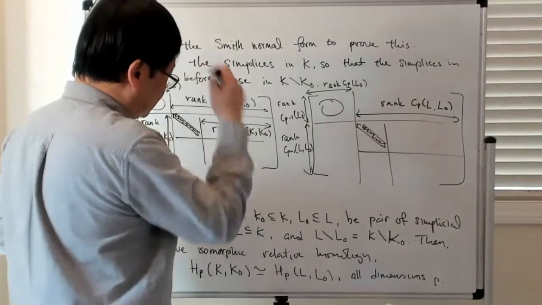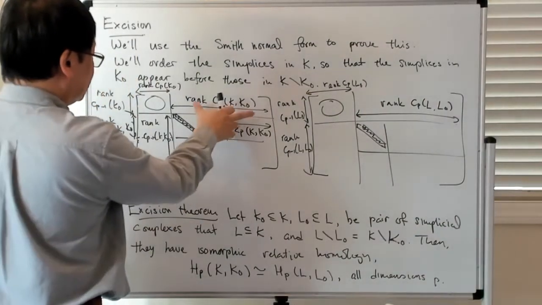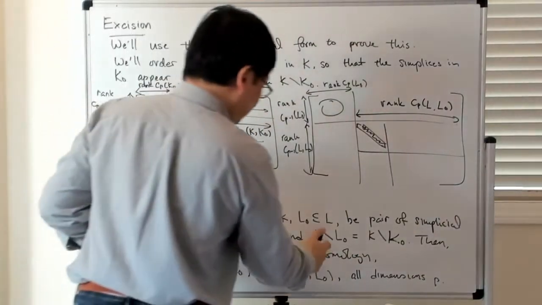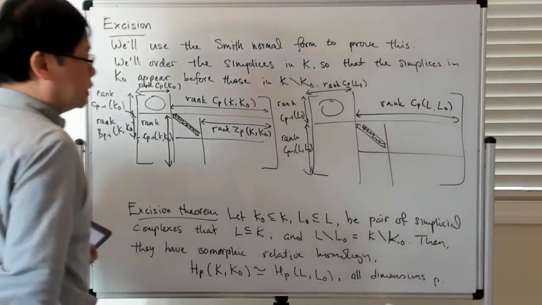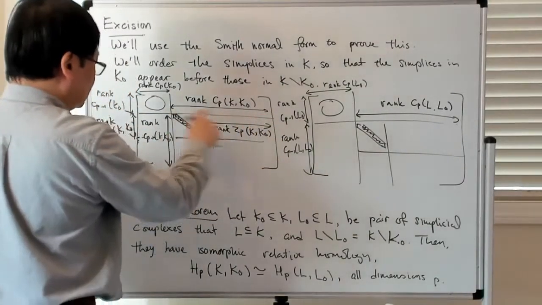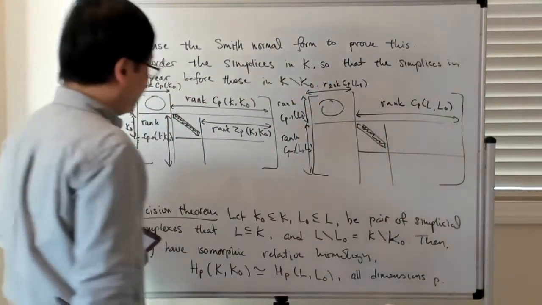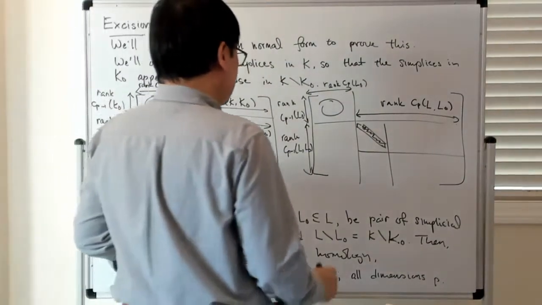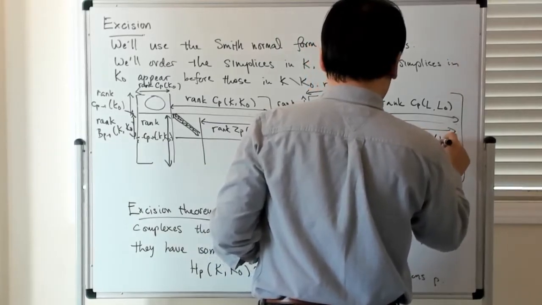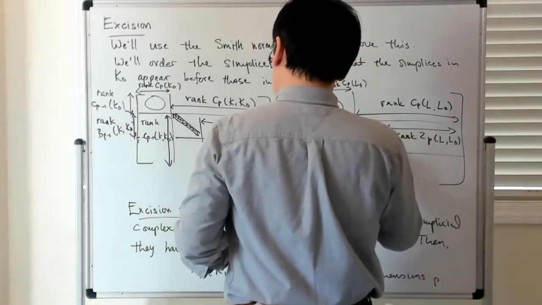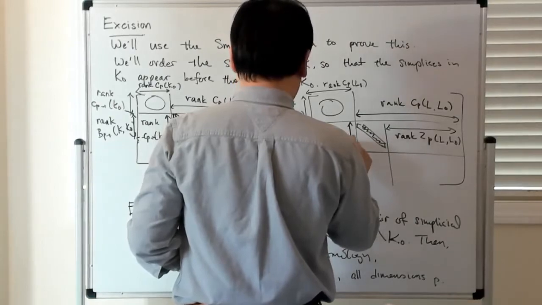The observation is that the rank of C_p(L minus L0) is the same as this, because we've assumed that L excluding L0 and K excluding K0 are the same set. So the non-trivial part of the induced boundary map has exactly the same dimension, and you can check it has the same form. This is the rank of Z_p(L, L0), and this piece is the rank of C_{p-1}(L, L0).